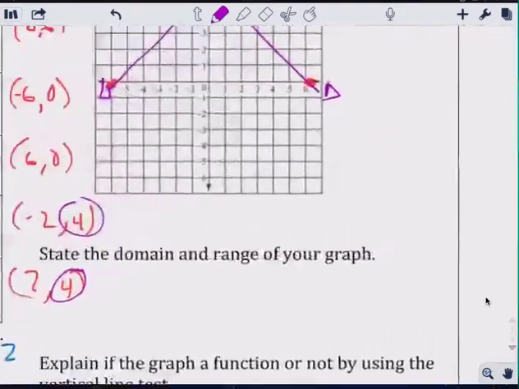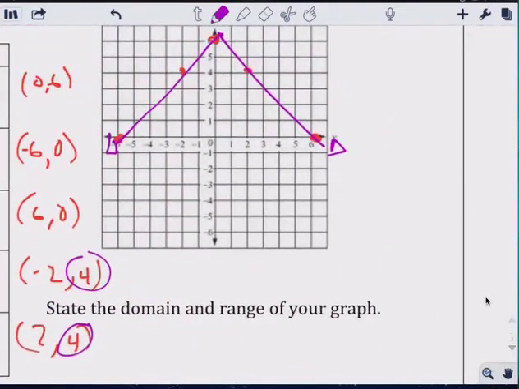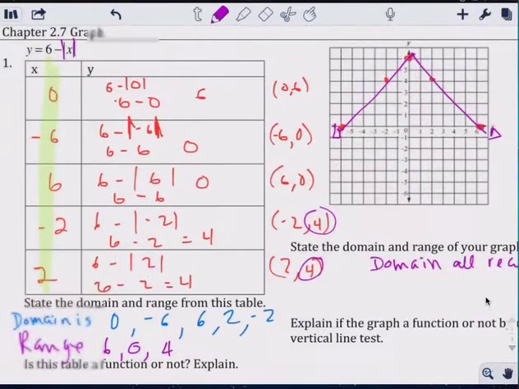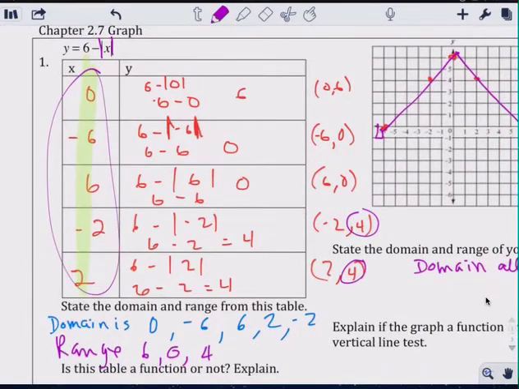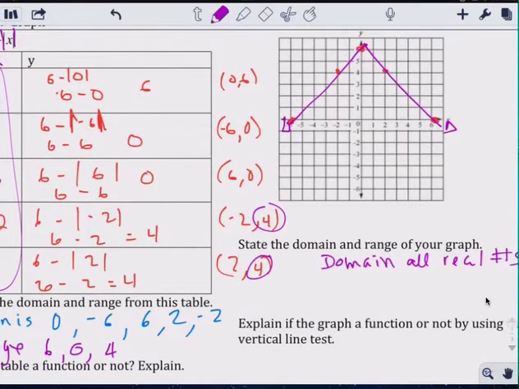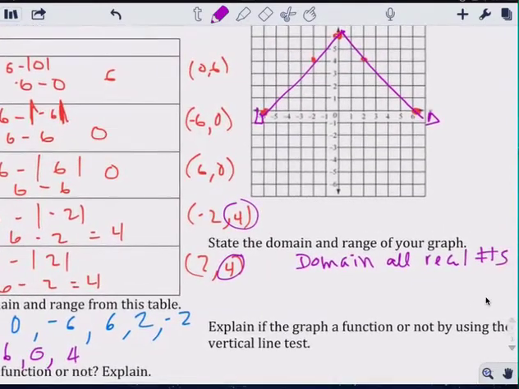State the domain. Domain is all real numbers of the graph. That means you can put any number here. None of these will repeat for it to be a function, and you'll get an answer. Now, range, on the other hand, is what y can be.